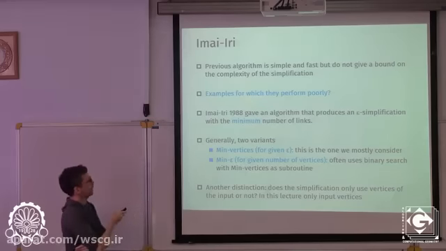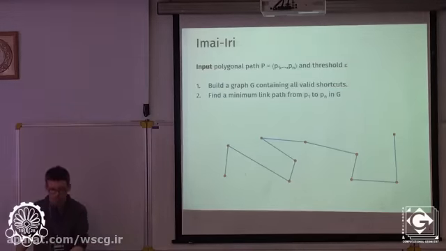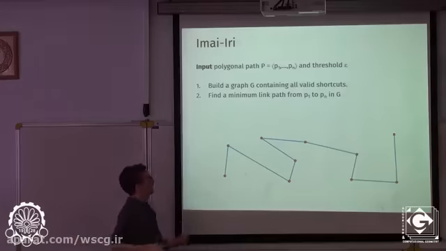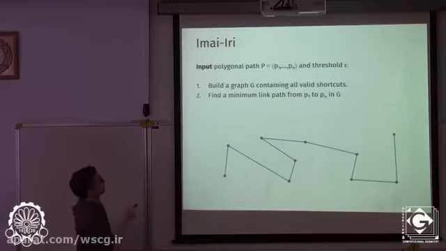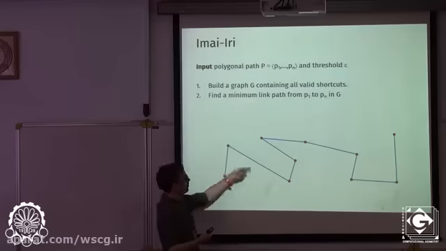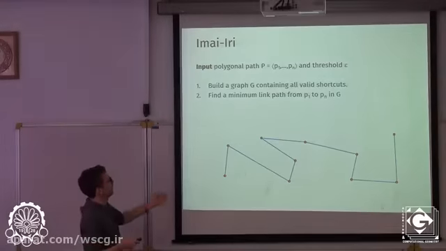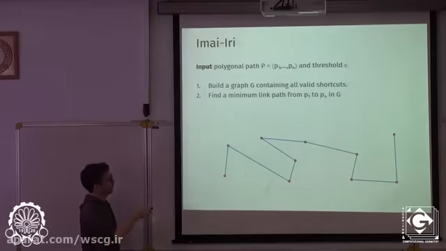And for this setting, there is this framework by Imai and Iri, and the conceptual idea is very simple. So this is now maybe my input trajectory. Now I'm going to build a graph on the vertices of the input trajectory, and I'll add an edge if and only if the corresponding segment is close enough to whatever is in between.